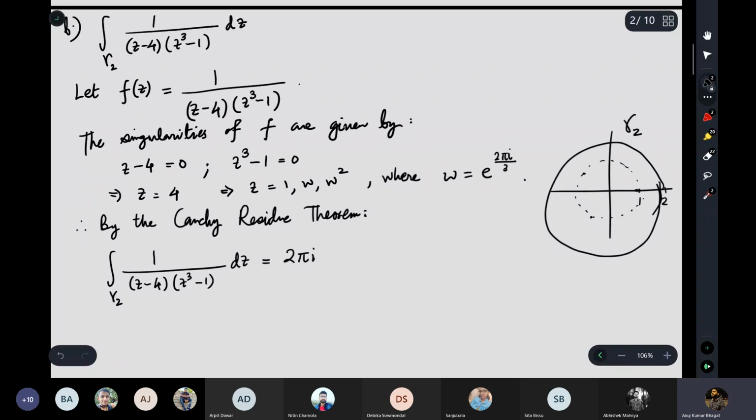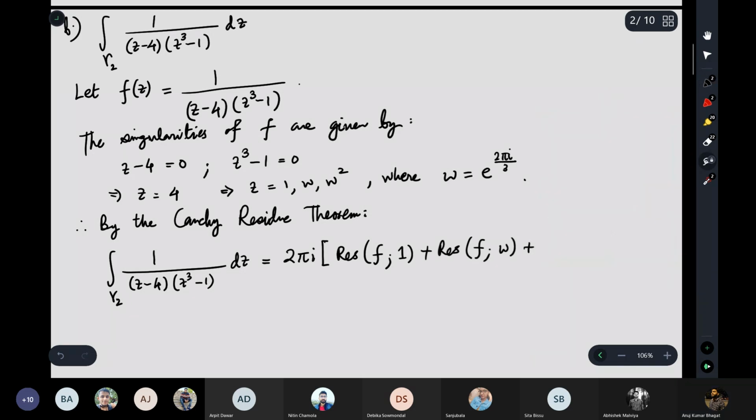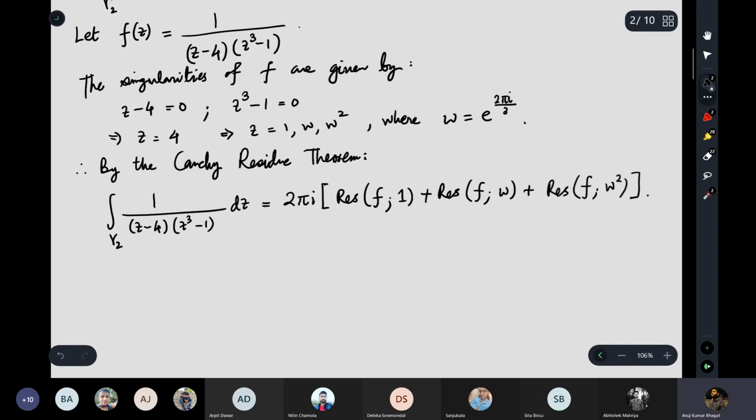Again note that the winding number is 1, so we will not take winding number into consideration, times the residue of the function at 1, plus the residue of the function at omega, plus the residue of the function at omega square. This is what the Cauchy residue theorem says: the value of this integral will be 2 pi i times the sum of all the residues.